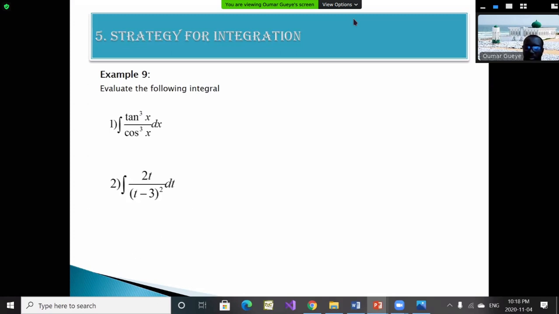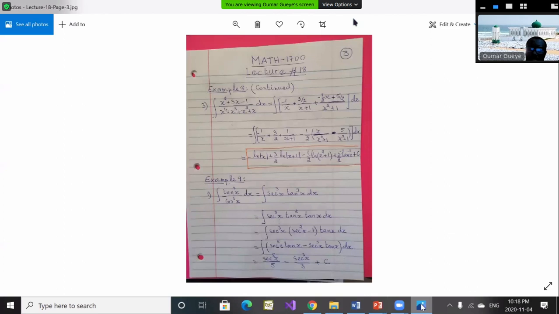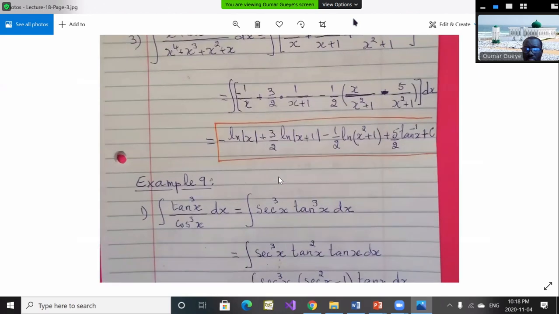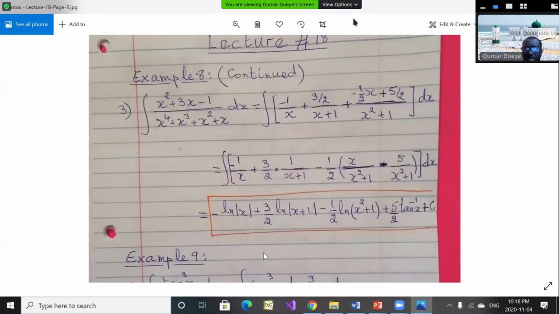Excuse me, sir. Yeah. Can you go to the previous page for a minute, please? Which page? The last one. Are you talking about this page? Yes, sir. The continuation of this page. The top? No, sir.